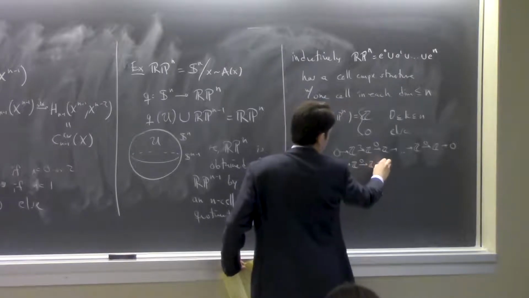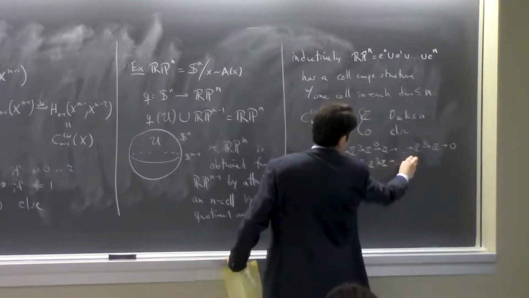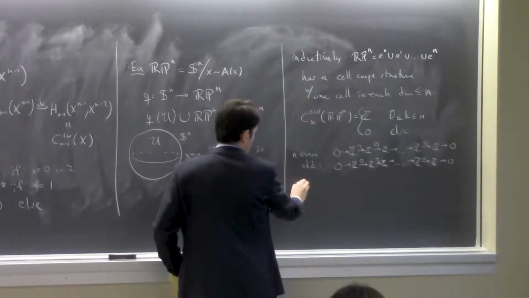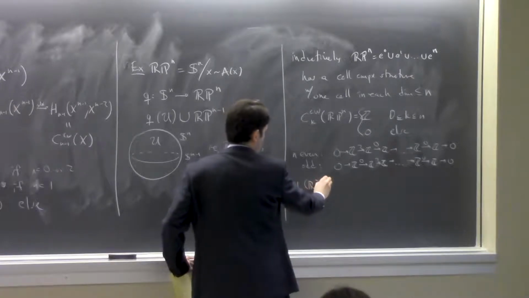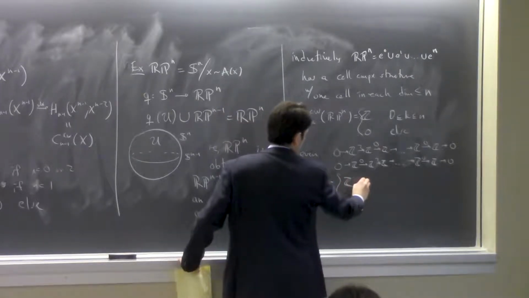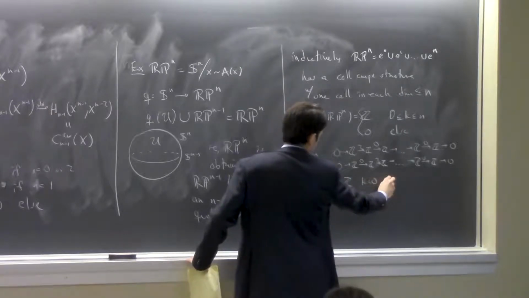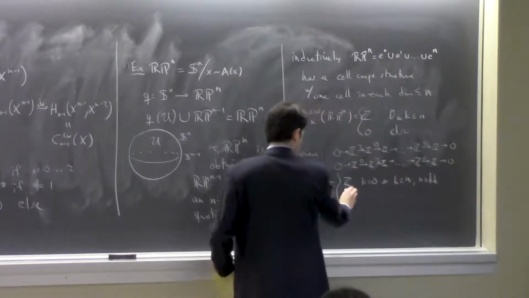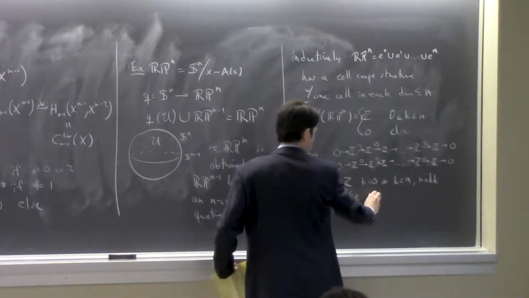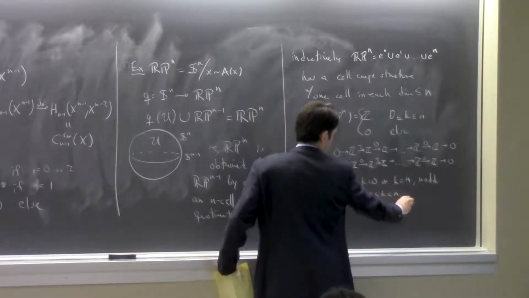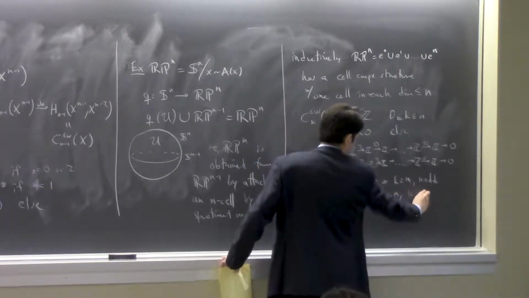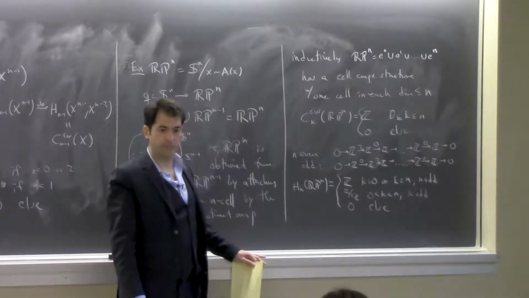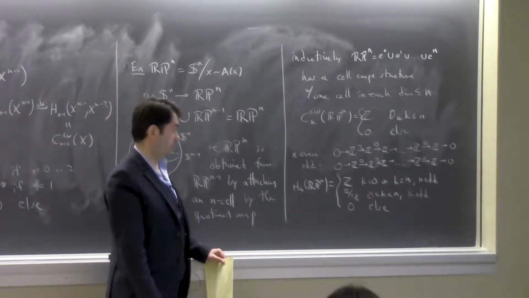And so the complex looks like this, and the homology is Z if k is equal to 0 or k is equal to n and odd, Z mod 2Z for k in between with k odd, and 0 else. So that's what we did last time.